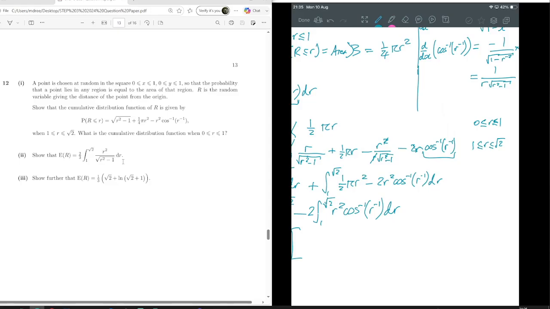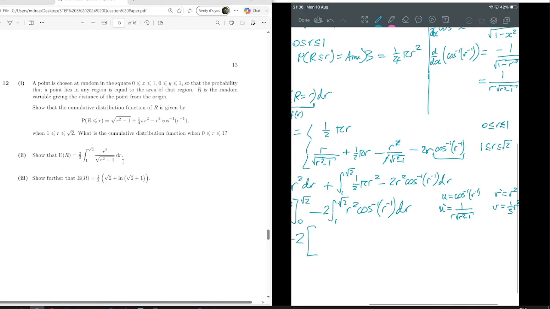So I want to differentiate the cos inverse r inverse, and I want to integrate the r squared, which is giving me a third r cubed, and u dash is the thing that I had before, 1 over r root r squared minus 1.